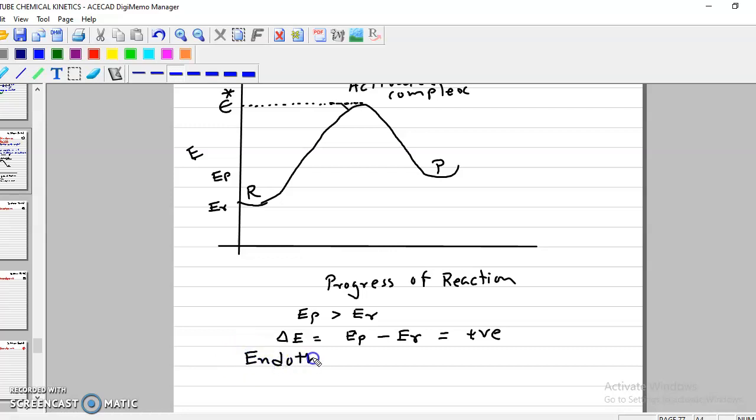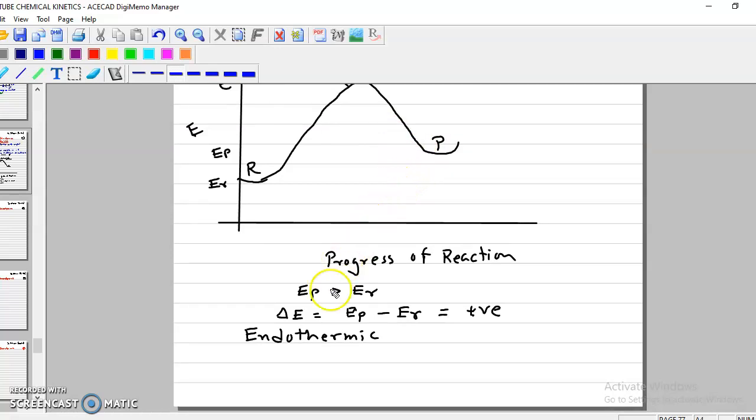So for any endothermic reaction, the energy given is more than the energy released during bond formation. Because chemical change means breaking of bonds, breaking of bonds requires more energy than the energy released when bonds are formed.